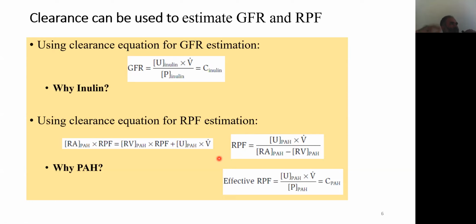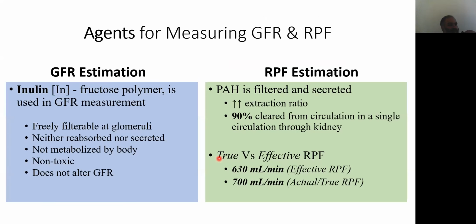Well, the ingenious thing to do is to look for a compound which has a very high extraction ratio, meaning that it not only gets filtered freely at the glomerulus, giving you the picture of the filtration, it also gets secreted heavily from the peritubular network into the tubular fluid.